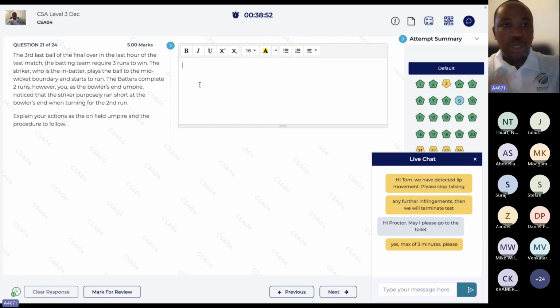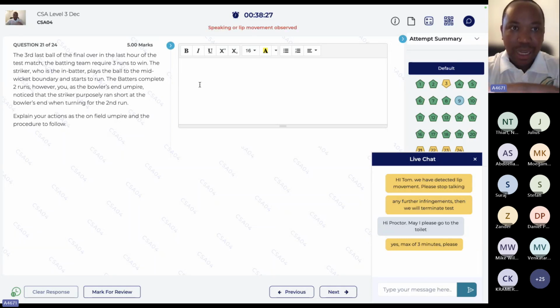What is an issue is if you hold your phone in front of the screen, it does detect that a book or phone is observed, and that will not be allowed. So drinking of water, not a problem. Use of phone, apart from you using your phone in the exam, is not allowed.